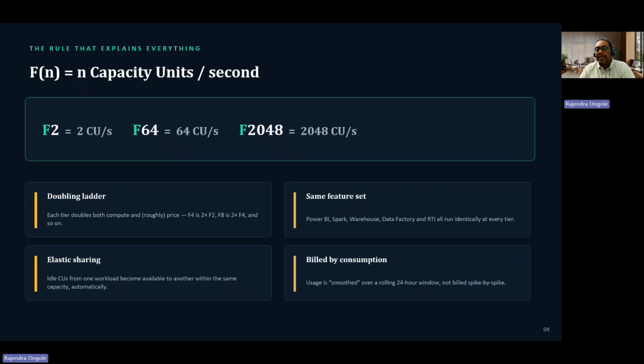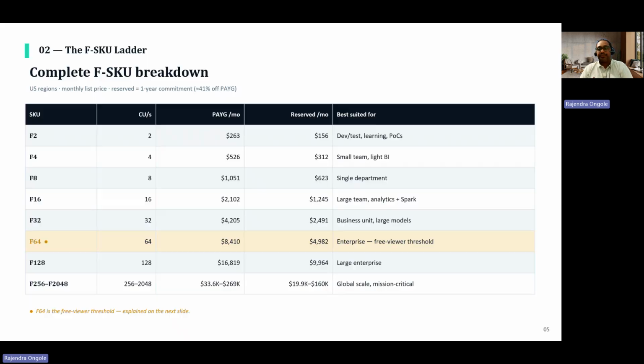The workloads become available and we can consume them accordingly. And coming to a very important thing, billing by consumption: usage is smoothed and rolling over 24 hours. As per the utilization, the charges will apply. It's not about billing for spiked usage.